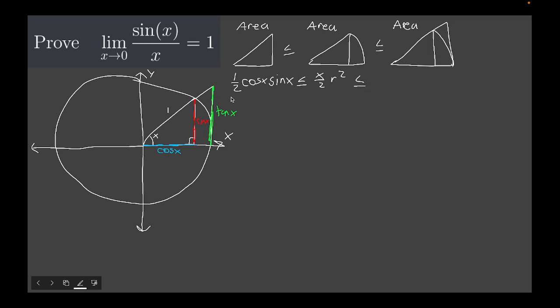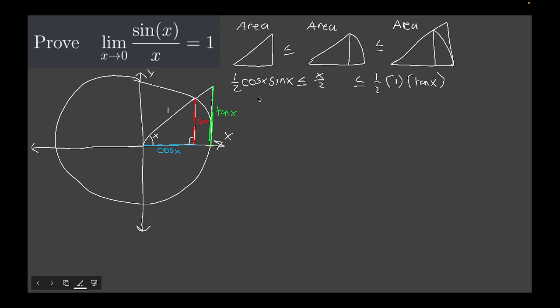So the height is tangent of x, and the base is 1. The base is just the radius of this, so right here, this is just 1. So it's going to be 1/2 times 1 times tangent of x. Now, we know that the radius is 1, so we can rewrite this as x over 2, because 1 times x over 2 is just x over 2.